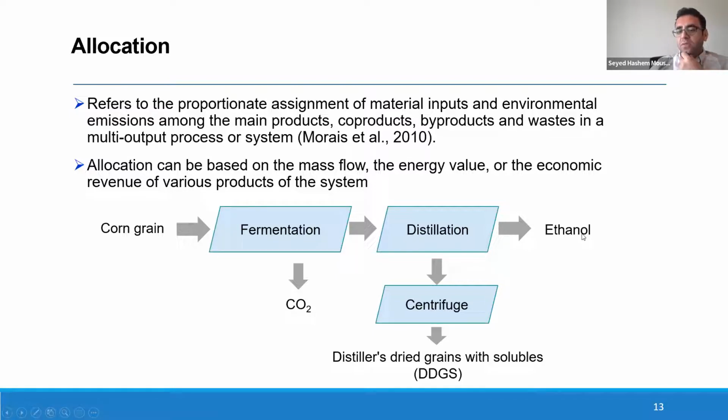After that, we can produce ethanol, but there is a byproduct, DDGS. Since we have two products coming out of this system, we need to do allocation. It can be based on mass flow, energy value, or economic value. By doing the allocation, we are allocating some of the environmental impacts to the main product and some to the byproduct.